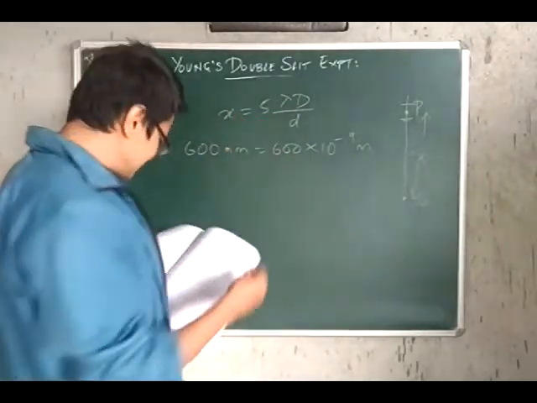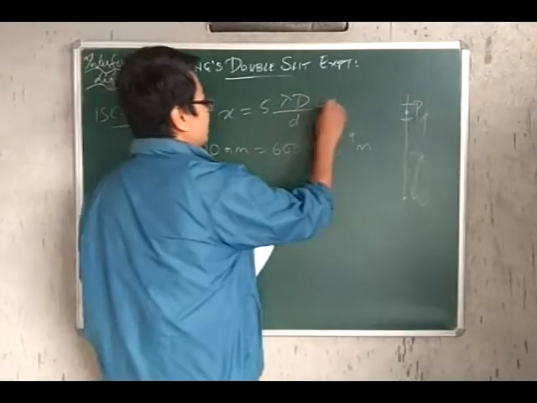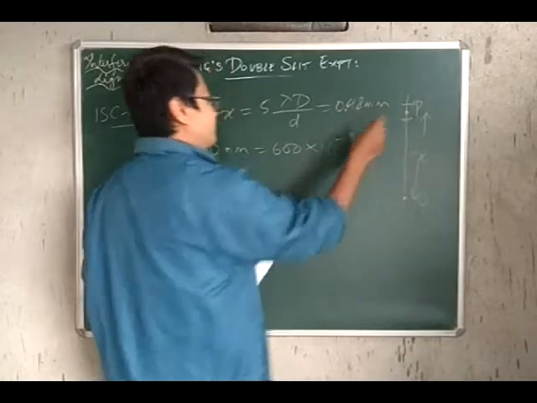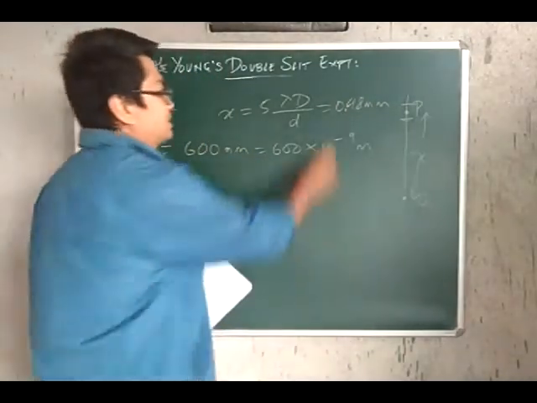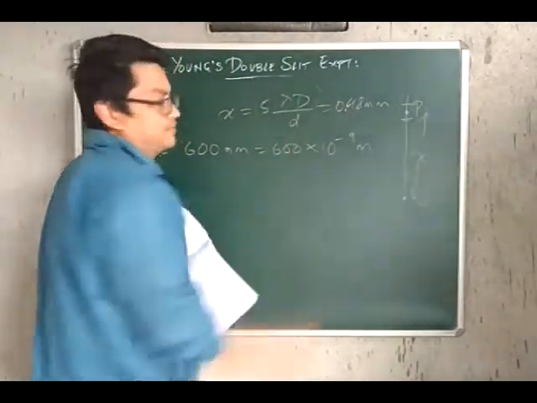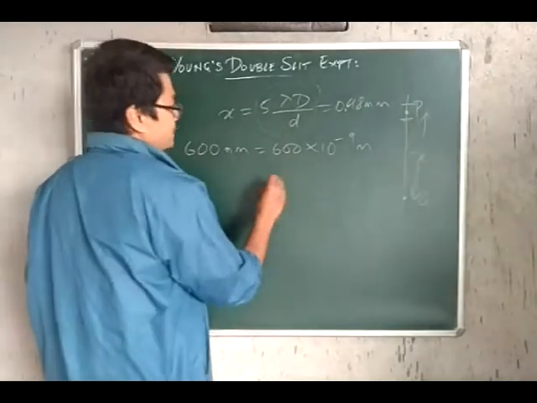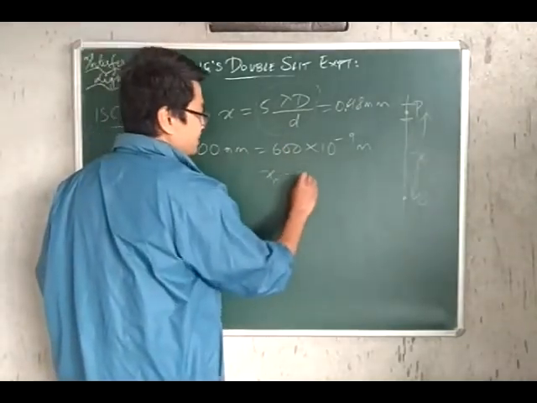The value of x is given to be 0.48 mm. This is what is given, because from the condition for bright fringes, the position for the nth bright fringe is this.